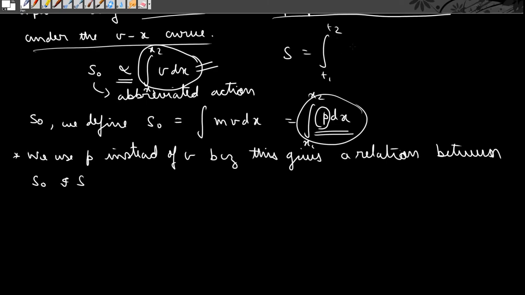We are defining our S0 in this manner in terms of the momentum because this form allows us to give a relationship between S0 and S. So how do we formulate this relationship?